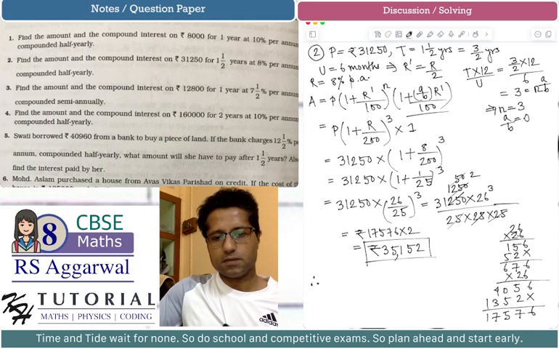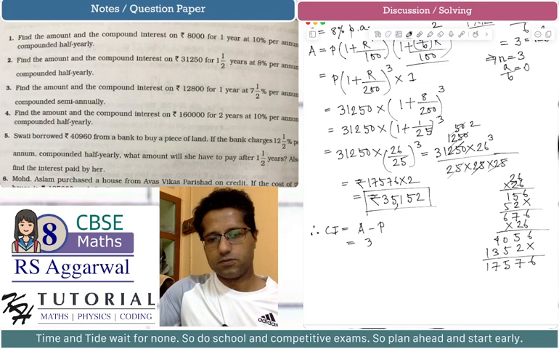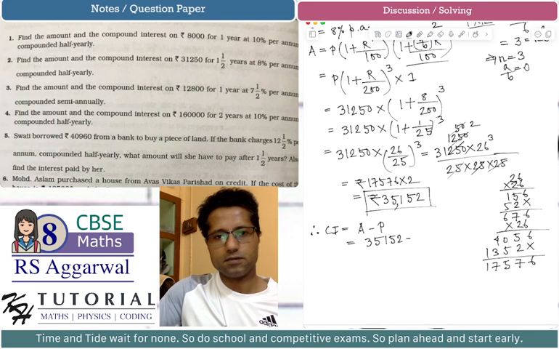Therefore, compound interest will be equal to amount minus principal. This is equal to 35152 minus 31250. This is equal to 3,902.